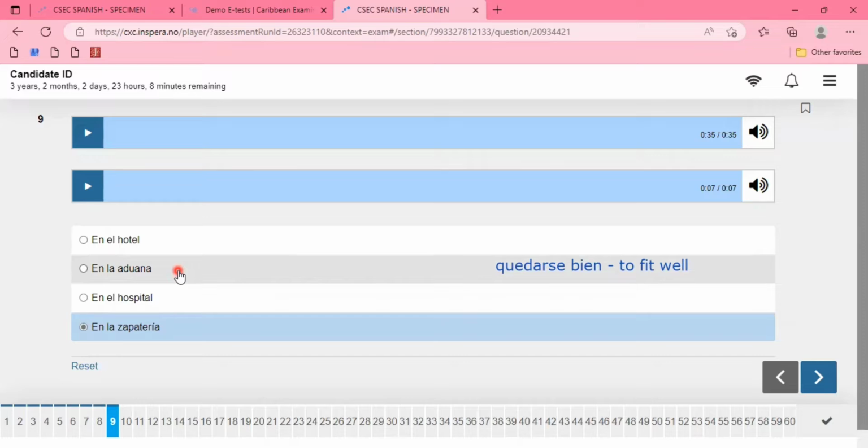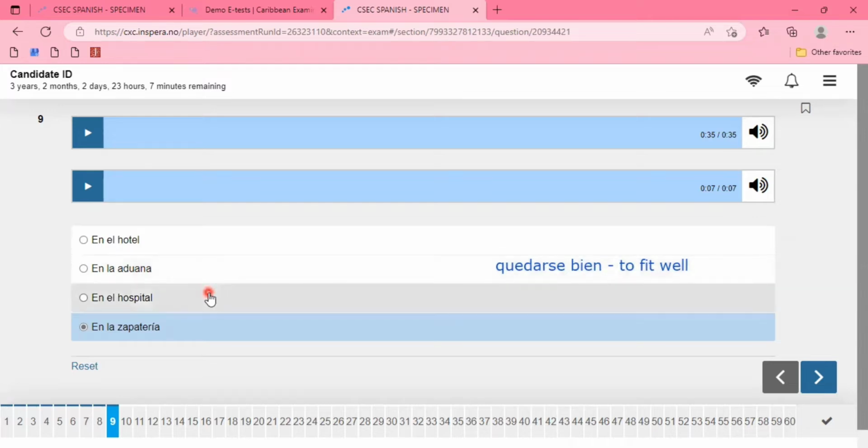So that is the customs section of the airport, that section where they would check what you are bringing into the country that you're going into. Yes, my apologies, the customs section. En el hospital, self-explanatory, but in the hospital. En la zapatería, in the shoe store, as we said.